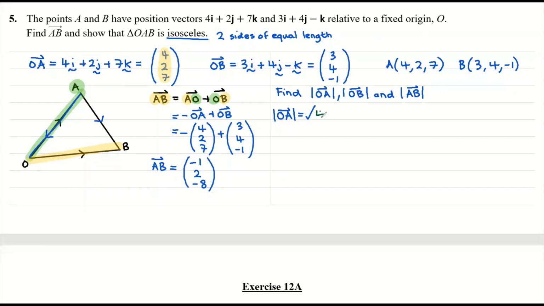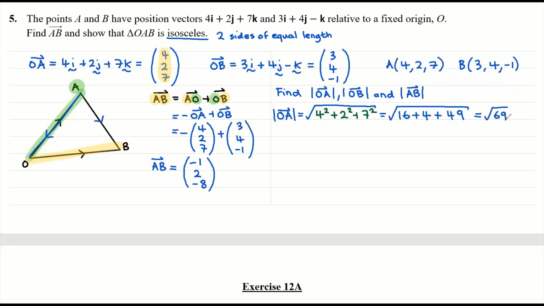So it's going to be 4 squared plus 2 squared plus 7 squared, which is equal to the square root of 16 plus 4 plus 49, which is root 69.